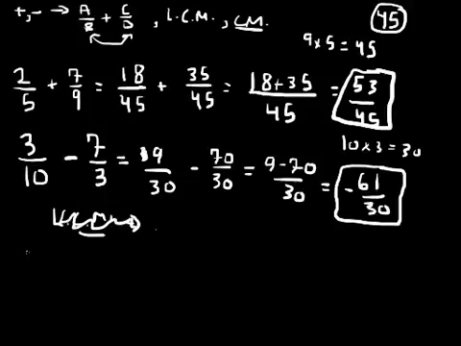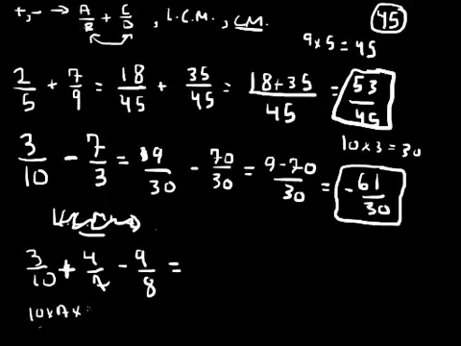Now, if you have three numbers, let's just say I'll use the same ones, plus, I don't know, 4 over 7 minus 9 over 8. And then I do the same thing. I do 10 times 7 times 8.